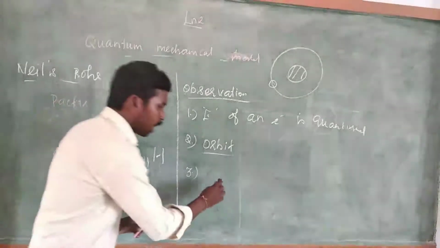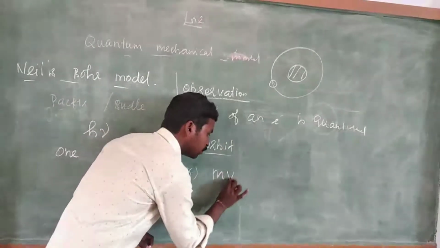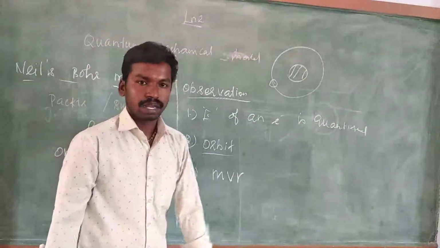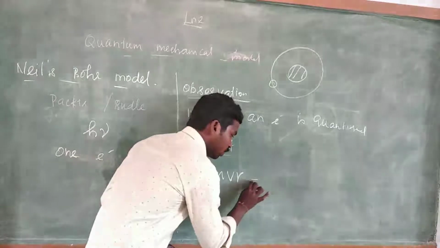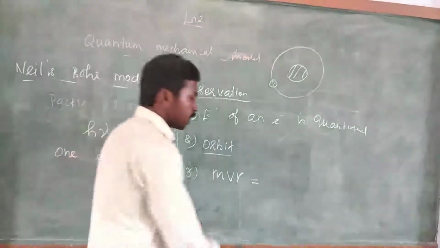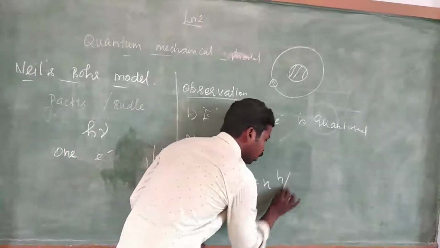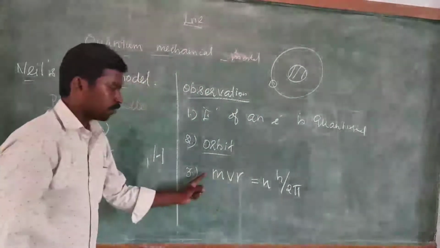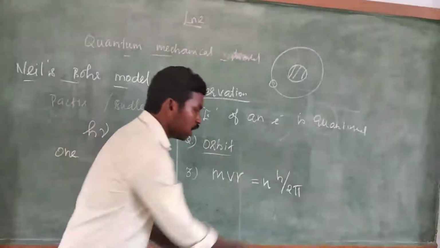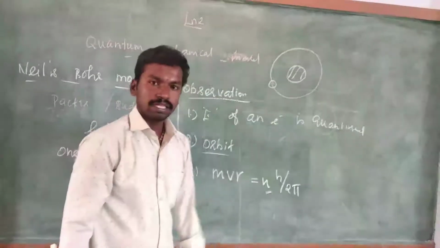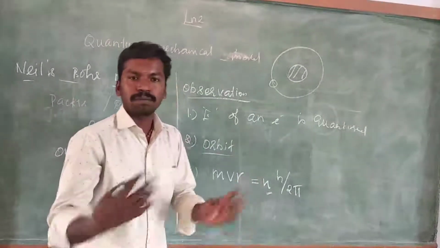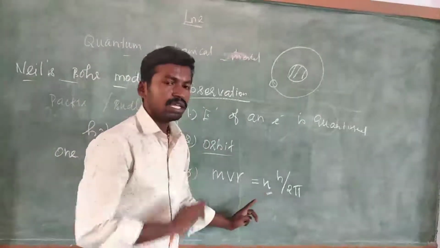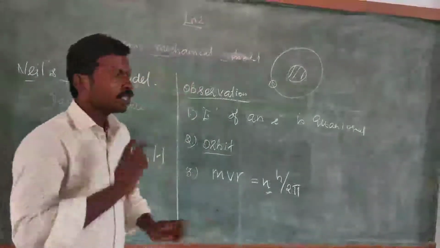According to him, the angular momentum, which in physics you might have studied as MVR, mass, velocity and radius, of an electron will be equal to an integral multiple of h by 2 pi. Here n is an integer. It may be 1, 2 or 3 based on the orbit. First orbit means n value will be 1, second orbit means n value will be 2, and so on.